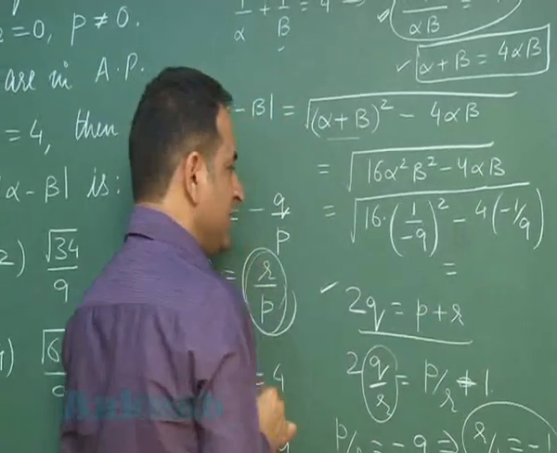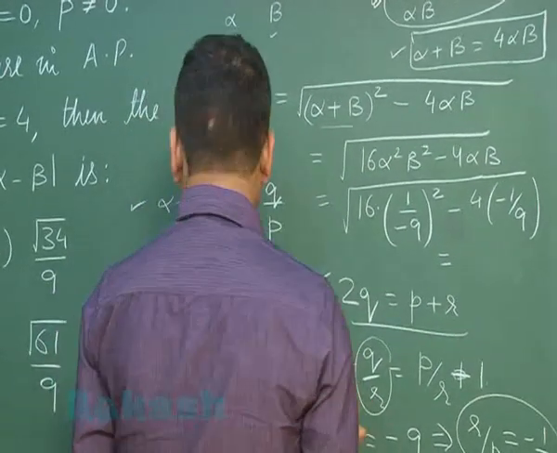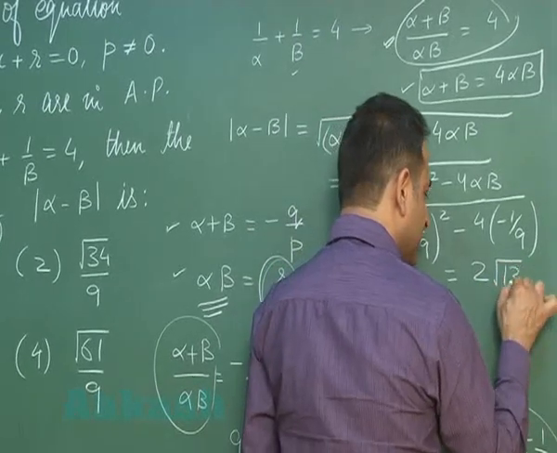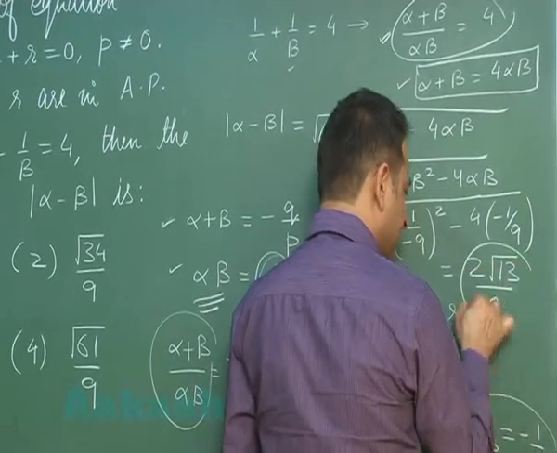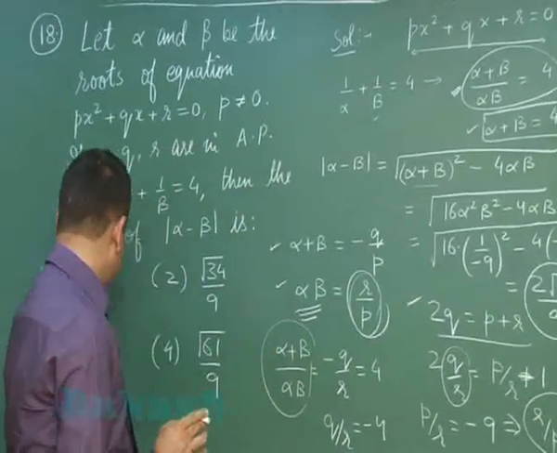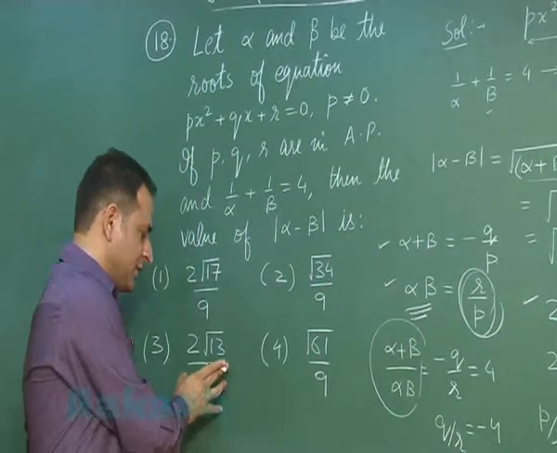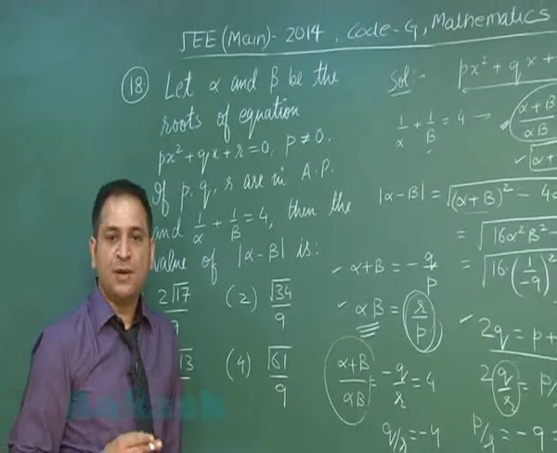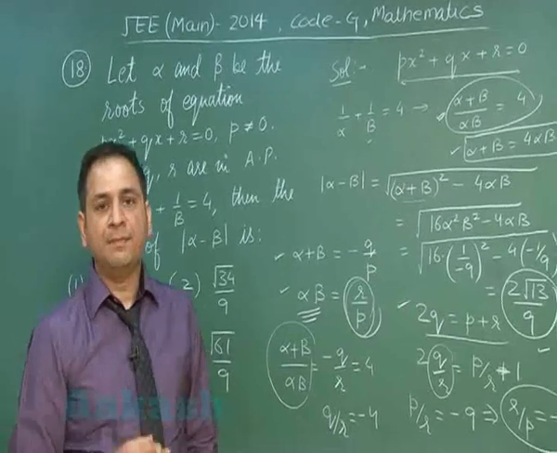By evaluating this, the final result we will be having is 2 root 13 by 9. This is the answer. You can see it is option number 3, that is 2 root 13 by 9. Next, we are moving to problem number 19.